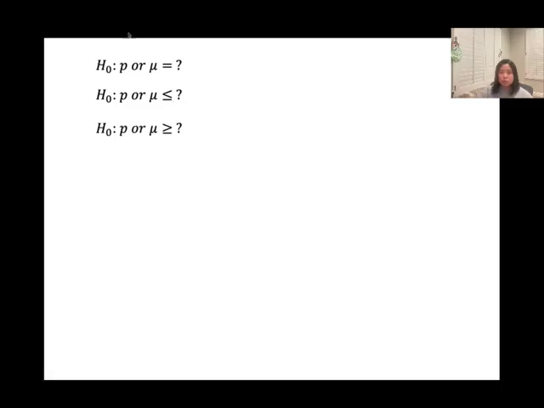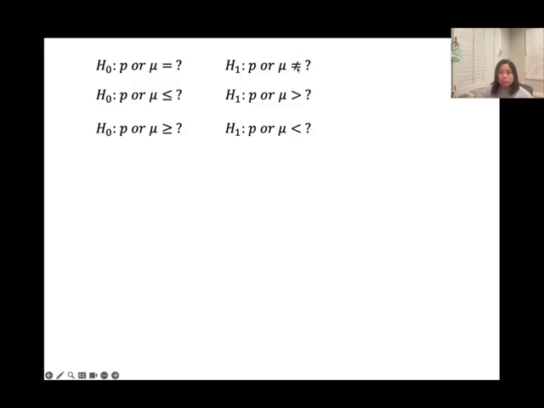The null hypothesis always contains the equal sign. And for your alternate hypothesis, P stands for the population proportion or the population mean, and it will be not equal to, greater than, or strictly less than.